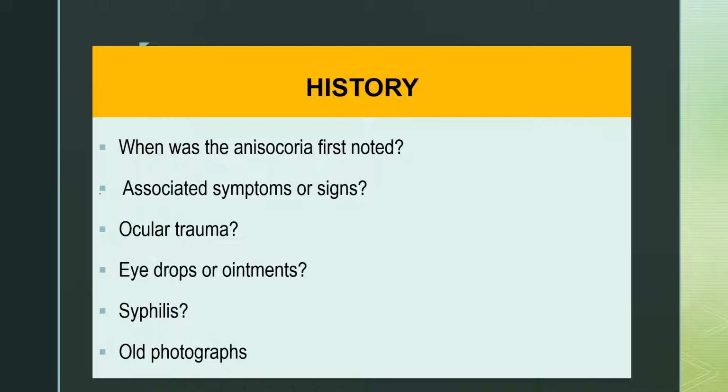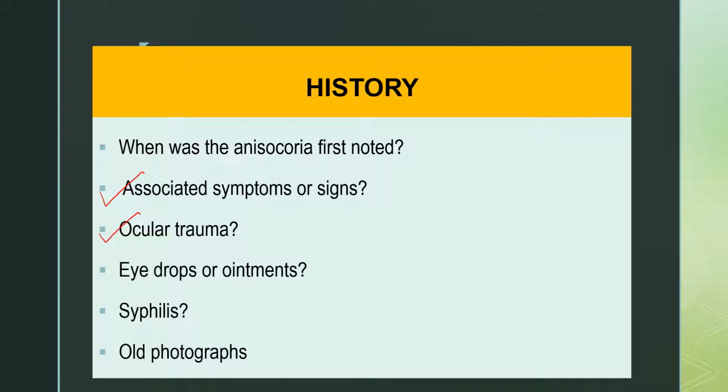Or was it associated with any symptoms or signs? Sometimes the patient will have drooping of the eyelid or restriction of movements along with anisocoria, in which case it might be a third nerve palsy, where we know we get a dilated pupil. Or sometimes the patient will have redness of the eyes along with a small pupil, which can happen in uveitis or iritis.